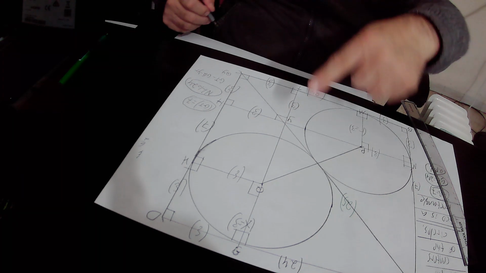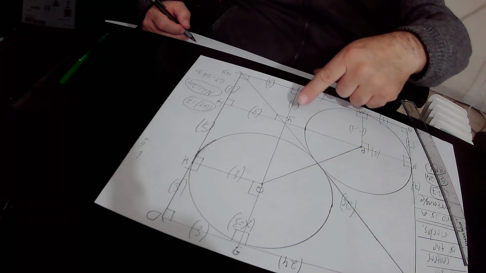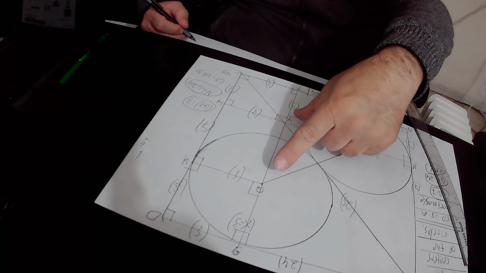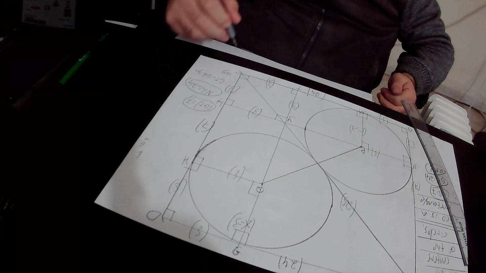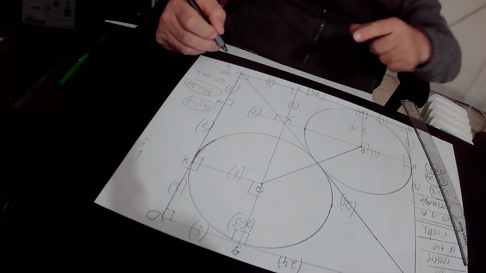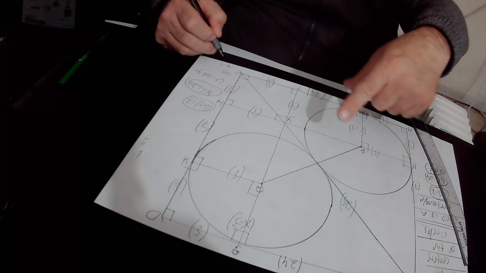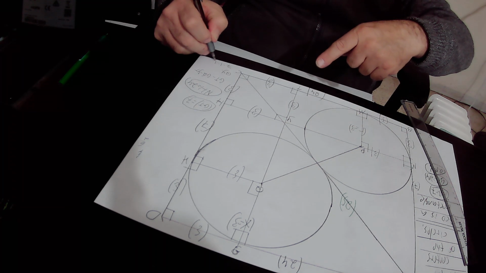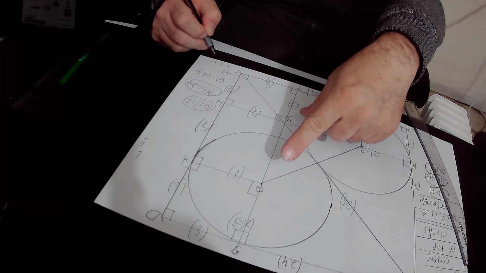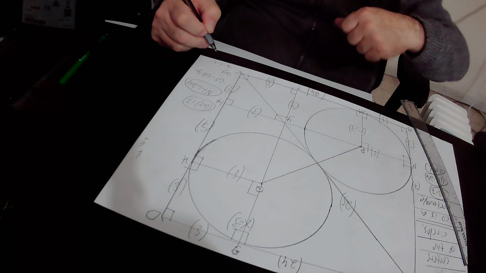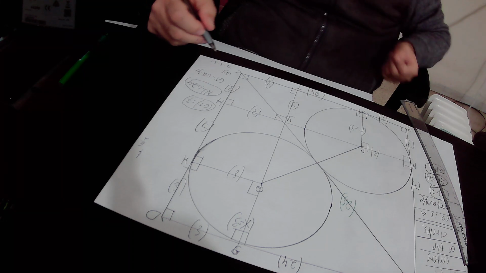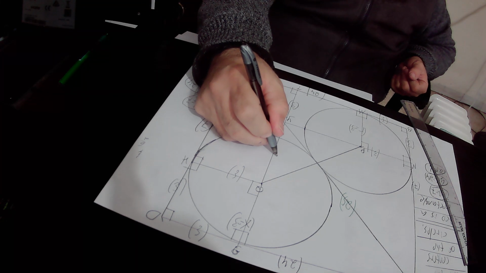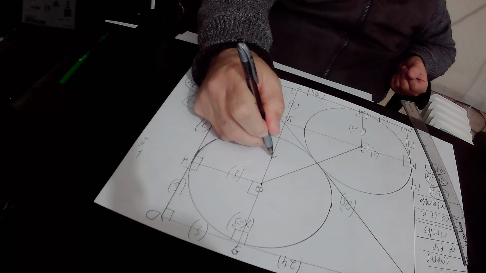Again, GT minus GQ minus YT equals the missing side, that is QY. So GT is 7, minus GQ, that is 3, minus YT, that is 3, must be equal to the missing side QY. So QY equals 7 minus 3 minus 3, that is 1.